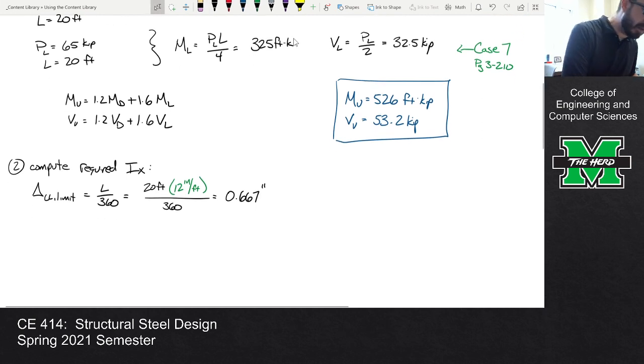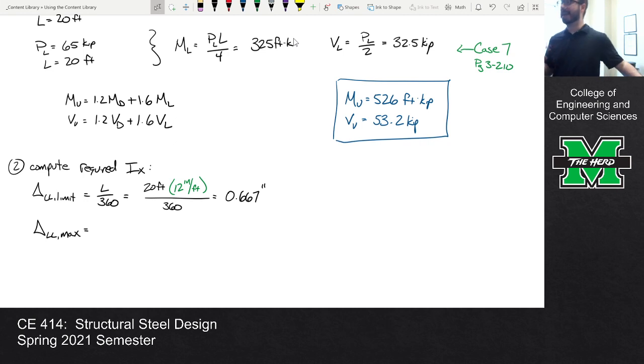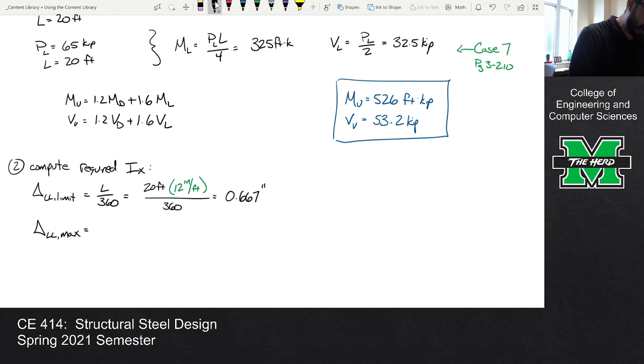And we compare that to the maximum deflection, which again comes from case 7, because we're talking about the live load. So we have a simply supported beam with just a concentrated load at midspan. That deflection is PL cubed over 48 EI.